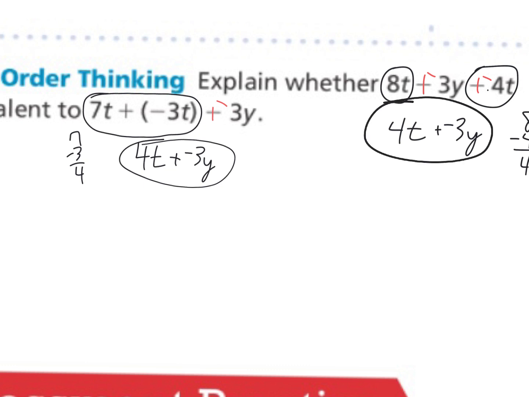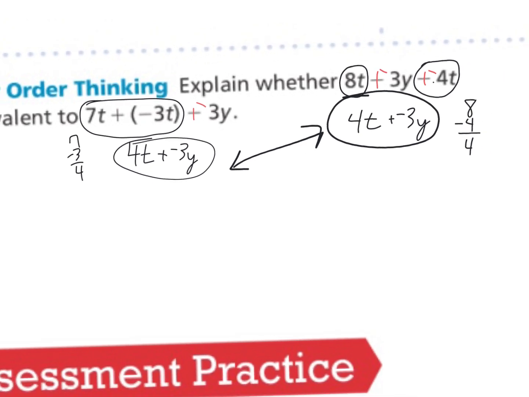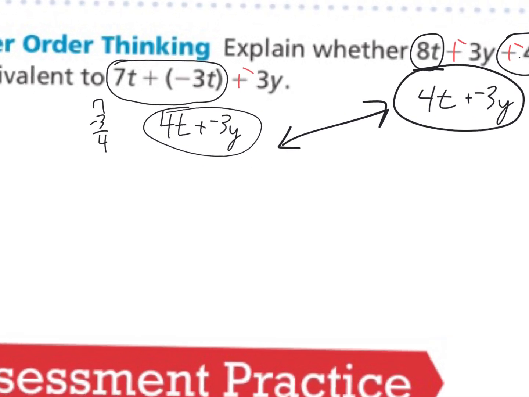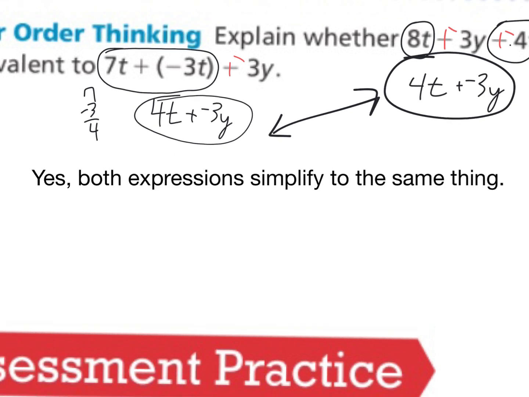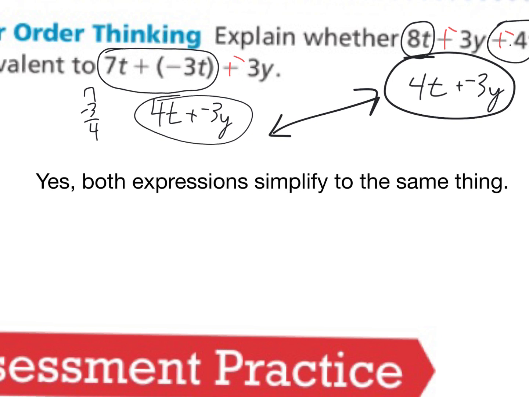We had 4t plus -3y. So the question is whether they are equivalent. And the answer is yes. So we could just say something like yes, they are equivalent, because both expressions simplify to the same thing.